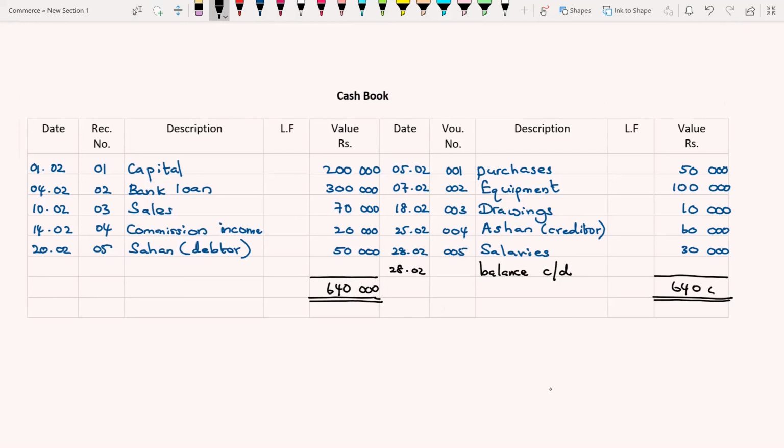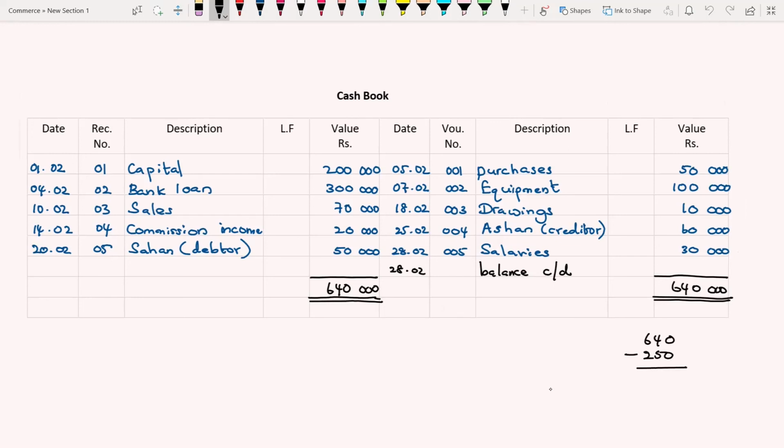And then we need to find the total of the credit side. 50 plus 100, 150, plus 10, 160, plus 60, 220,000, then plus 30, 250,000. Then we need to deduct the total of credit entries from the total of debit entries. So let's deduct 250 from 640.